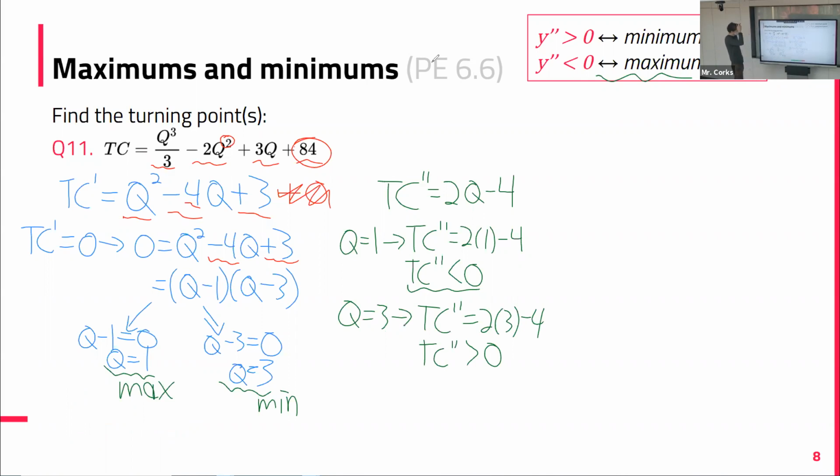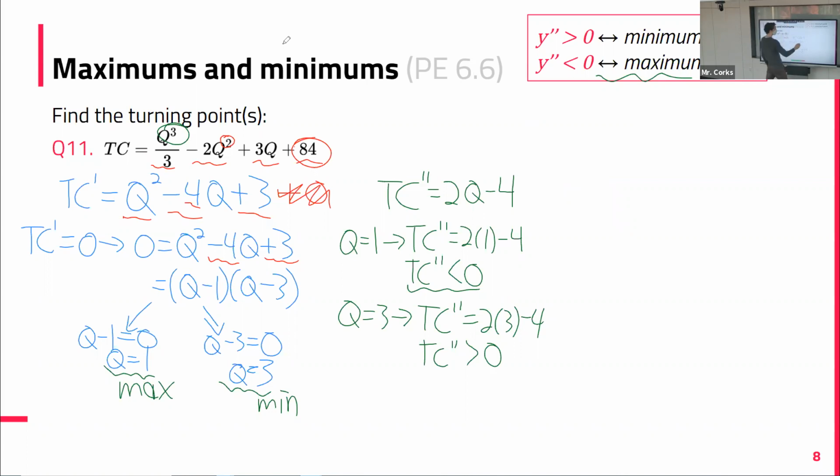Okay, so this is a cubic. We have q cubed here. So the shape of this graph, we probably should have done this before we did the derivatives, but it could have this shape. Sorry, wrong side here.